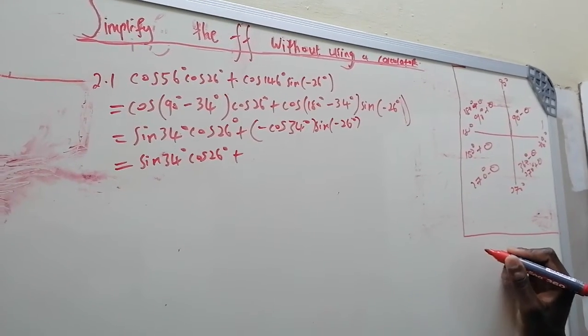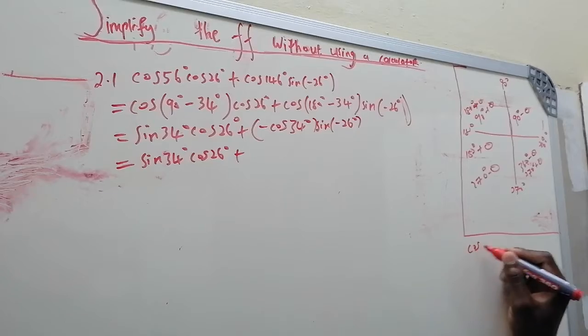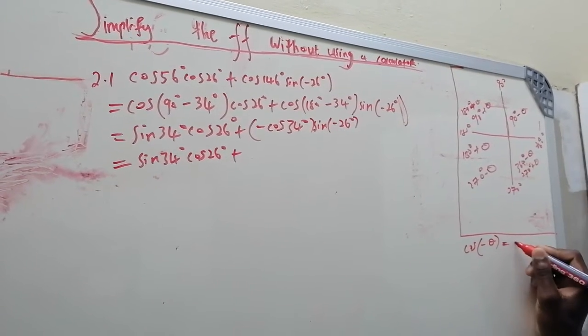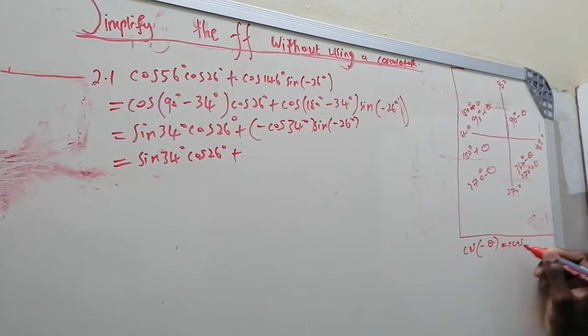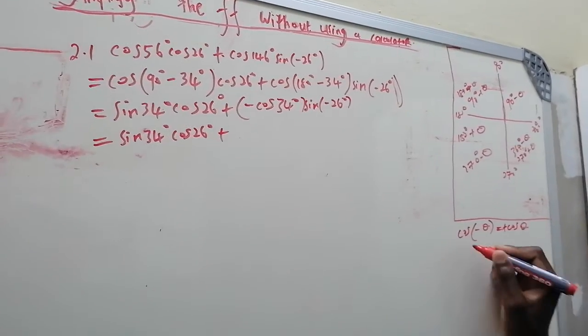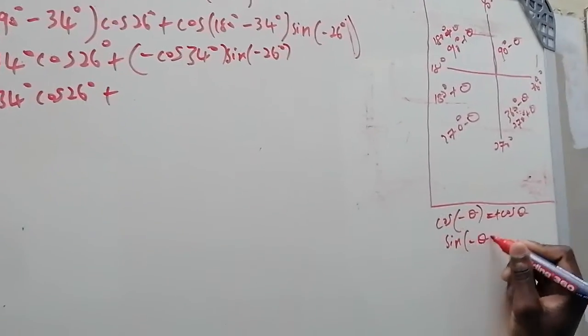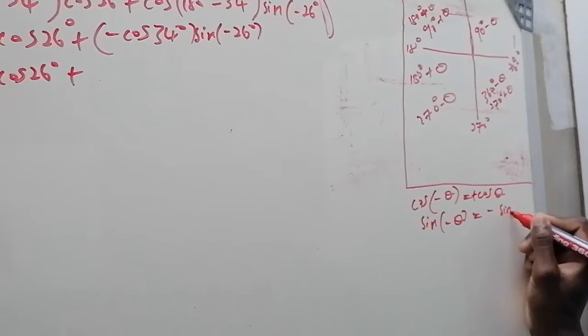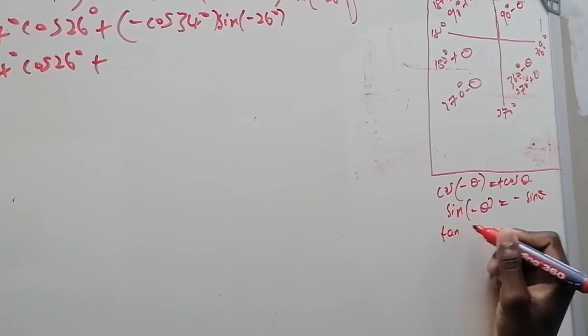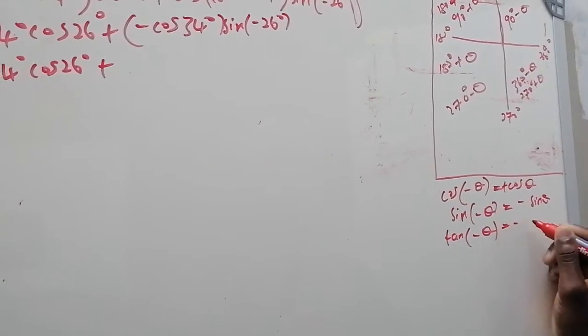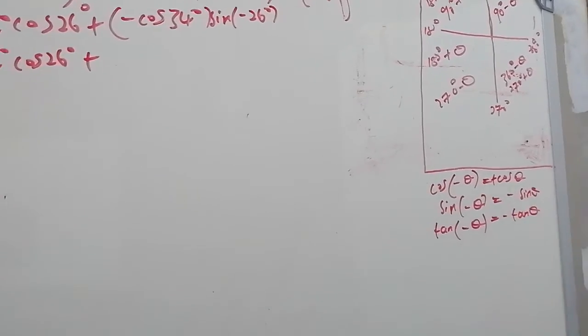You have to know these rules: cos of negative theta equals positive cos theta, sine of negative theta equals negative sine theta, and tan of negative theta equals negative tan theta.